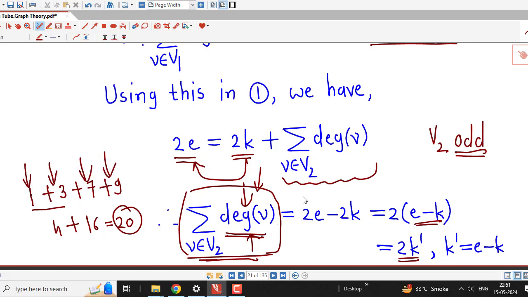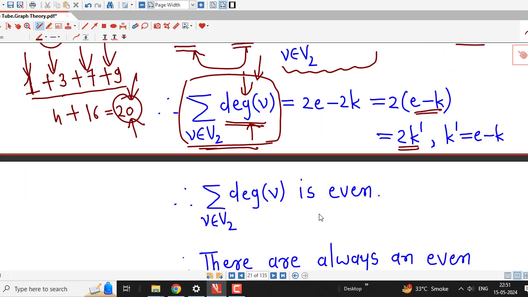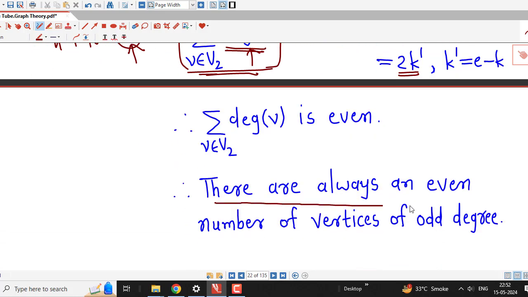So we interpret it in this way that if we add an even number of odd numbers, here there are 4 odd numbers, then the addition of an even number of odd numbers always turns out to be an even number. And this is what this result also means, that the sum of degrees of vertices of odd degree is always even, and therefore there are always an even number of vertices of odd degree.